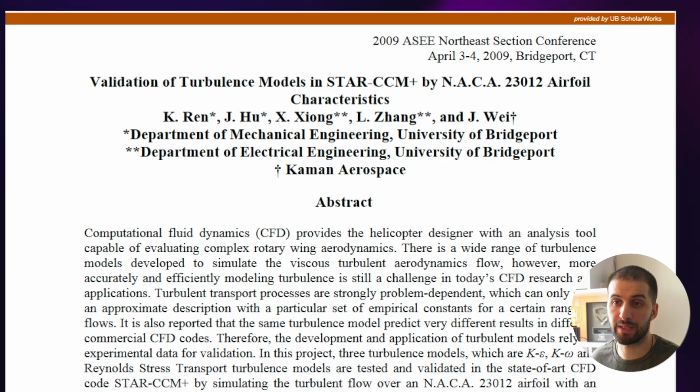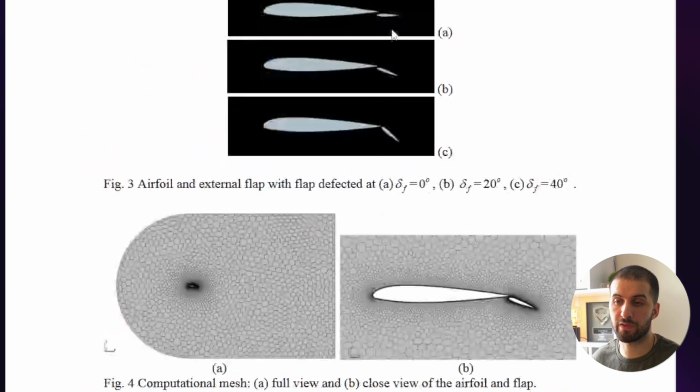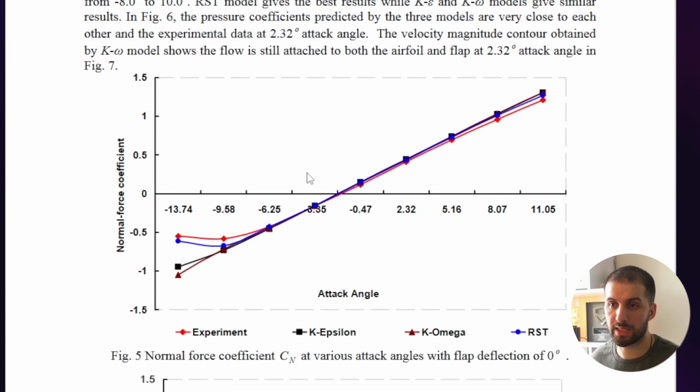They have done a comparison between different turbulence models available within STAR-CCM+ and compared the results with experimental data, which is always important. Guys and girls out there who are CFD practitioners, validation and verification is the keyword. As we move towards the results section, we'll find out that for the negative angle of attack, closest to the experiment is the RST model, but as we move into the positive angle of attack region, as you remember, we used 5 degrees.